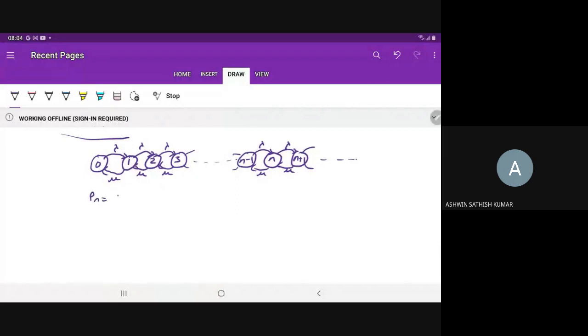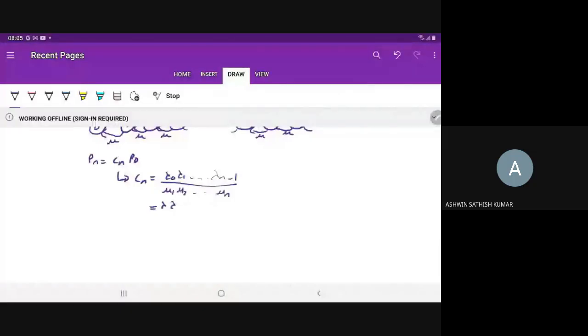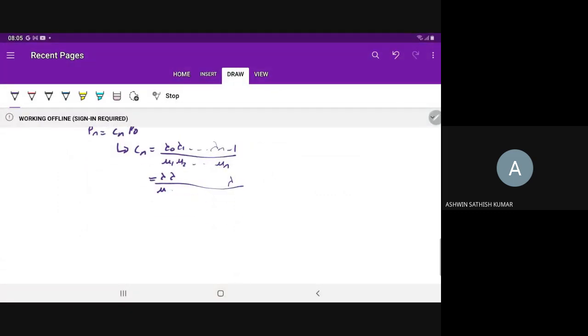There we know Pn is equal to Cn into P naught, and all the mu's are mu.